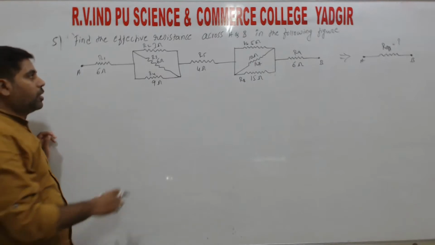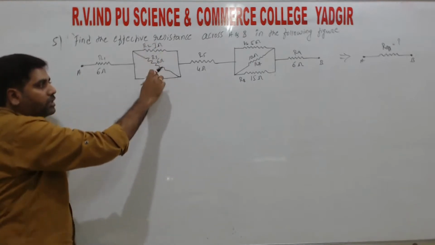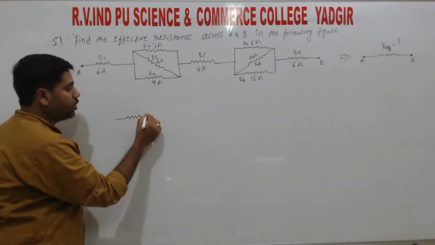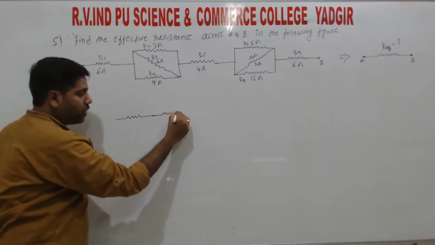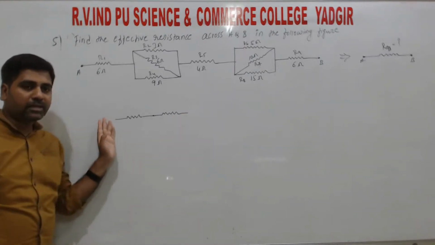So now, if you observe this, R2, R3, and R4, these three are in parallel. And in series, we have one resistance, one end of which is connected with one end of another resistance, leaving the two other ends as they are.